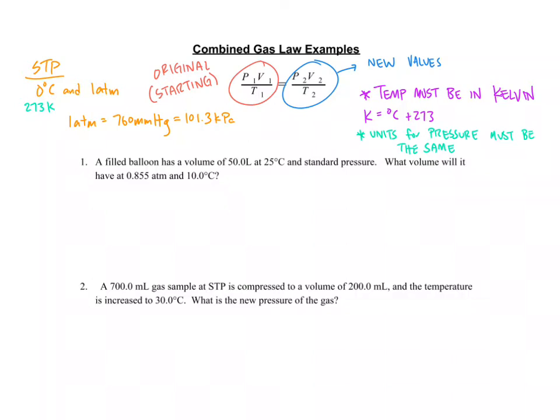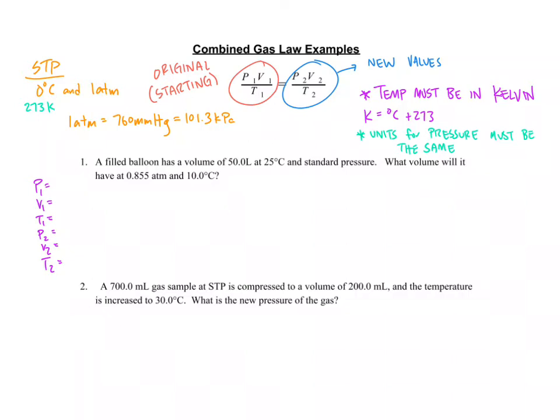So our pressure, our volume, our temperature originally, and then our new pressure, our new volume, and our new temperature. Okay, so now we can go through and read the problem and fill in the variables that are provided.